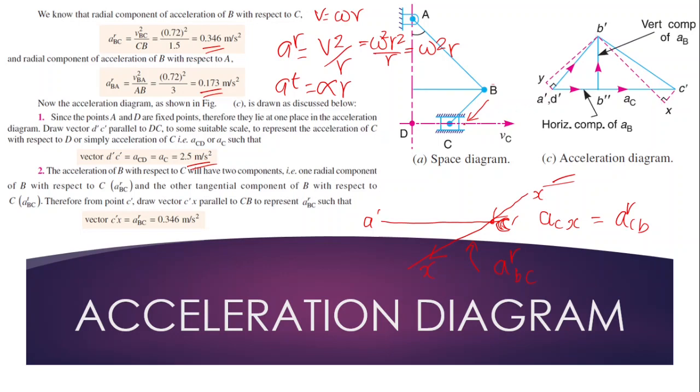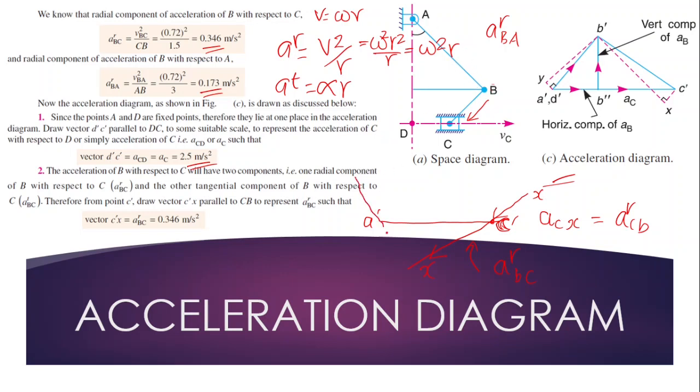Then coming to the acceleration of B with respect to A, here again there is a tangential component and a radial component, and that radial component must pass through A. The radial component of acceleration of B with respect to A must be towards A, that means upward direction, and parallel to link BA.